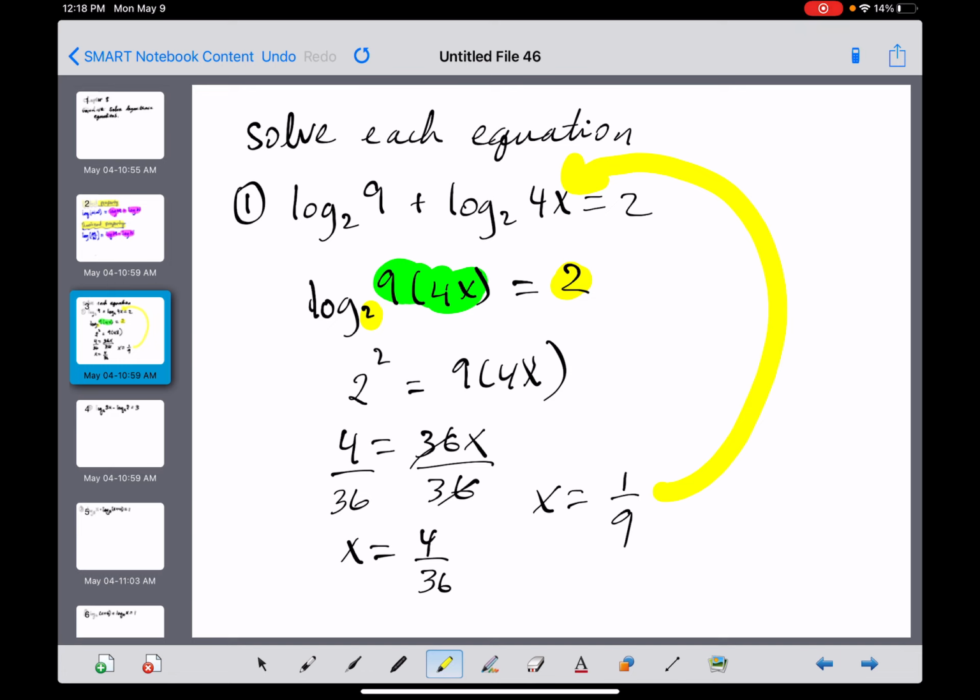Whereas if you plug it back in and it gives you a negative number, then that answer is not possible. It will be no solution, okay? But since it's a positive 1/9 times a positive 4, it will be a positive number. So 1/9 is an okay answer, okay?